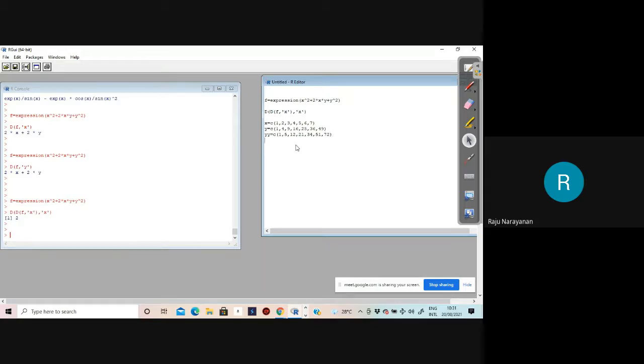Okay, and y, you can give any name, is 1, 6, 14, 28, 47. These things are highly useful for physics and chemistry, botany, zoology researchers. Okay.